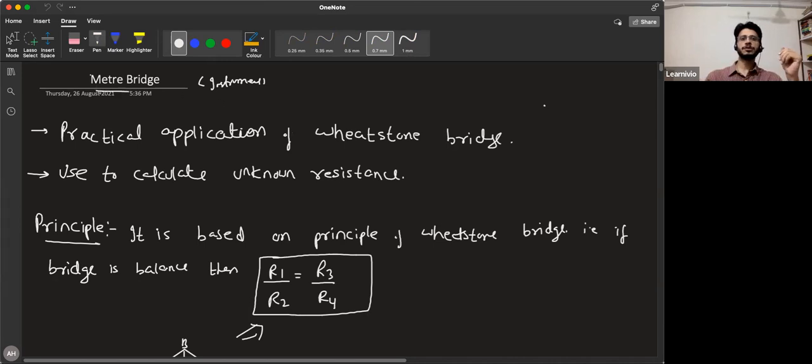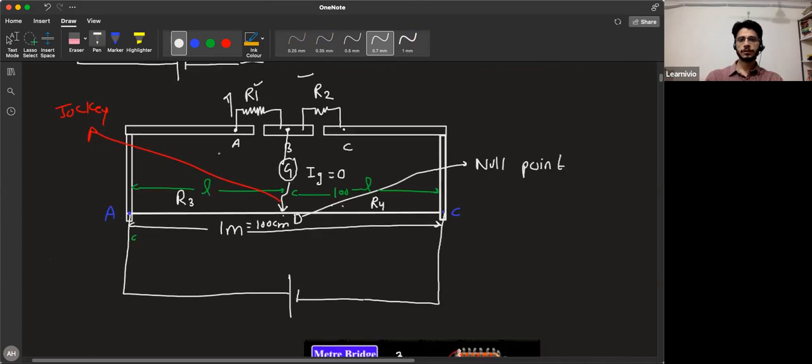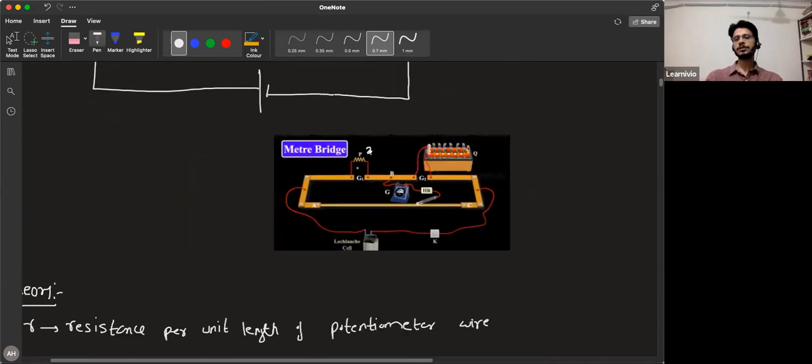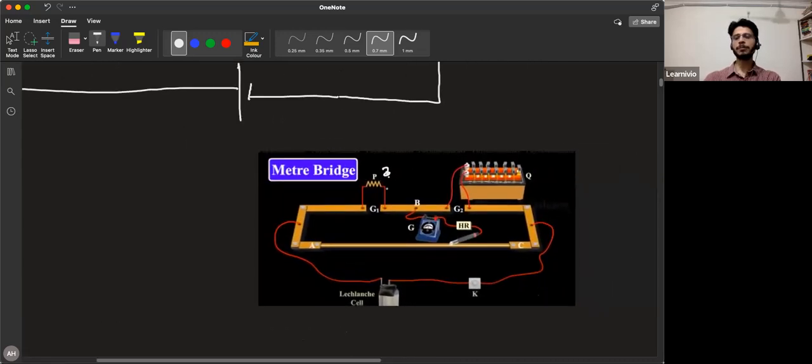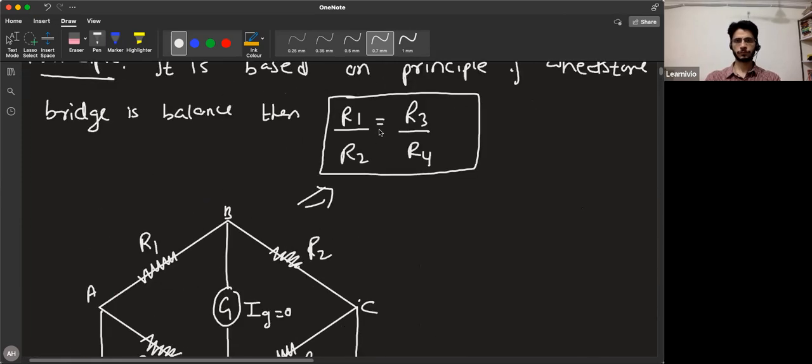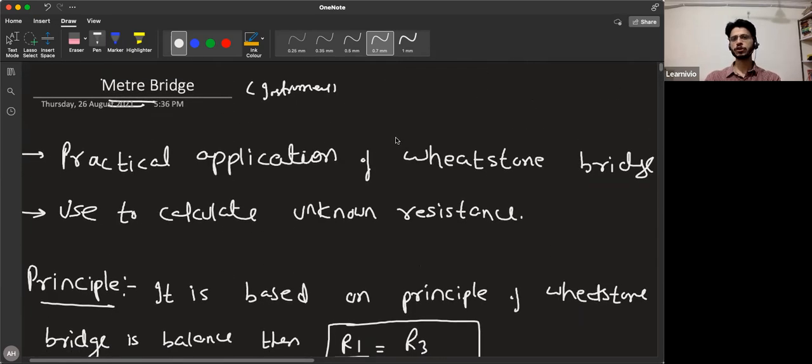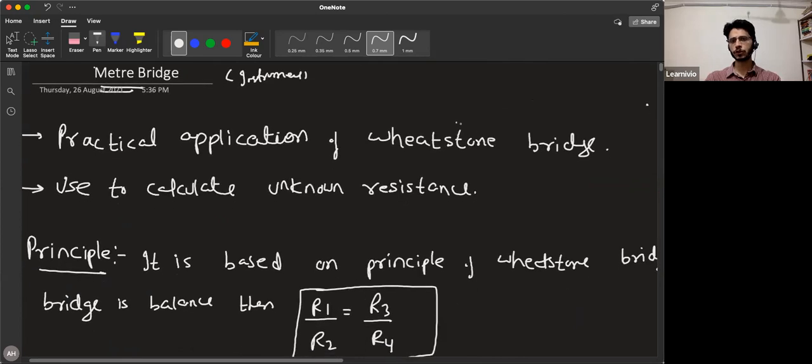So see, what is meter bridge? I will use some slides. This is meter bridge. Meter bridge is a practical application of Wheatstone bridge.